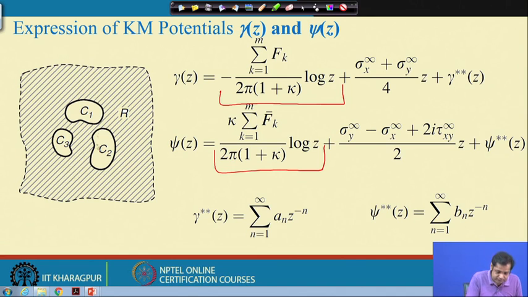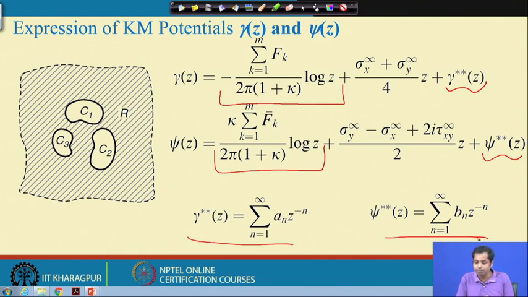This is because of these internal loops you have, the holes in the domain, and m is the total number of holes, and this is the summation over the entire number of holes, and Fk is the force specified on the loop. Now, the third part, gamma double star and psi double star, are the same as in this expression. This is also written in terms of power series.